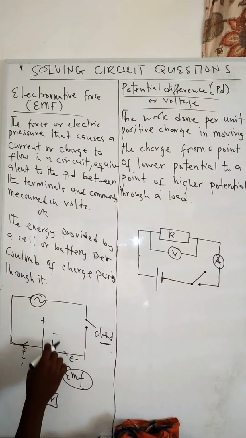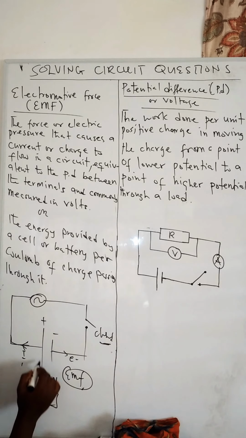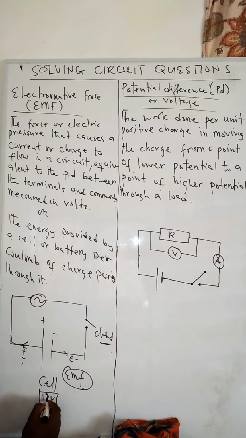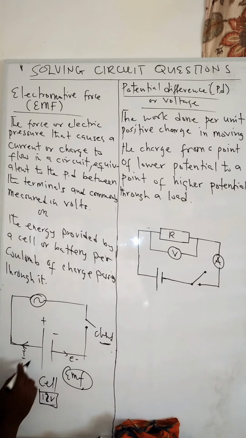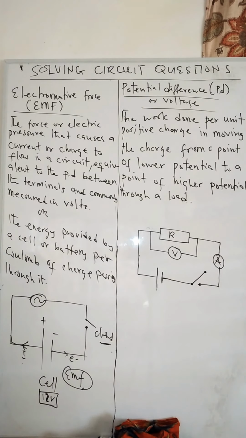So there is an internal resistance in this cell that is preventing all the positive charges and the negative charges from coming out. And because of that, you are not going to get exactly 12 volts; you are going to get a lesser amount, so that you can measure the potential difference.